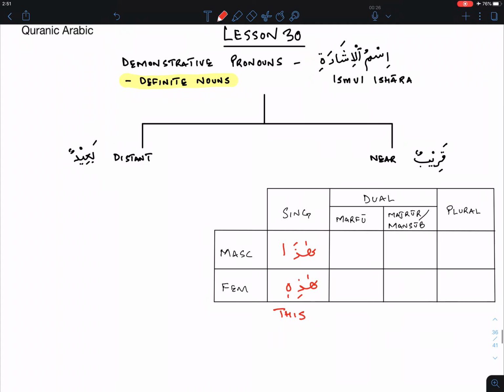So having said that, for the next dual case, it's going to be hadani for masculine, and for feminine hatani. Then in the majroor and mansub, the influenced condition, for masculine it's hadaini, and for feminine it's hataini.